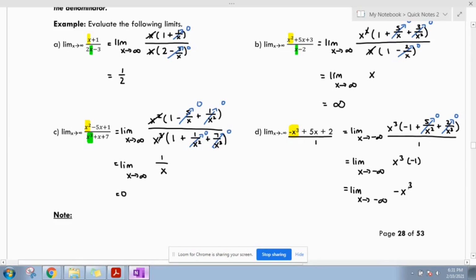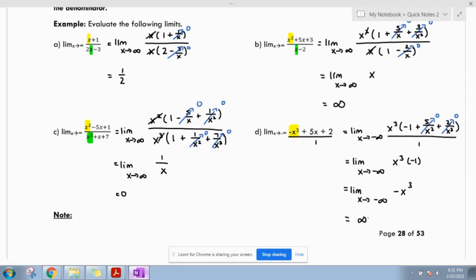If I was to plug in negative infinity into x cubed, so think of a really large negative number, if you were to cube it, you would still get a negative number, right? But then because we're multiplying it by a negative sign outside, that makes it positive infinity instead. So you've got to be careful with the signs in this particular example. But there we go. This is how we evaluate limits as x approaches either positive infinity or negative infinity.